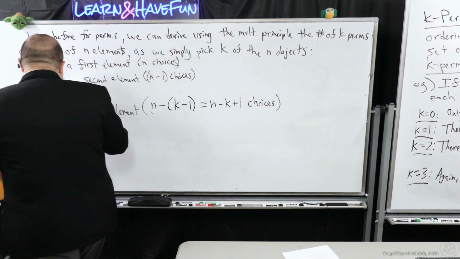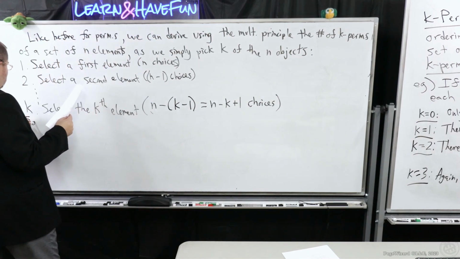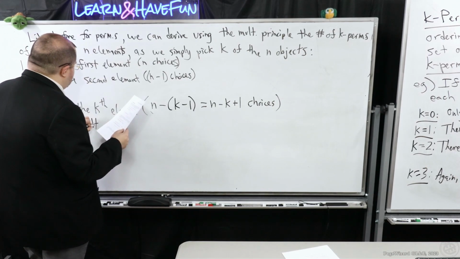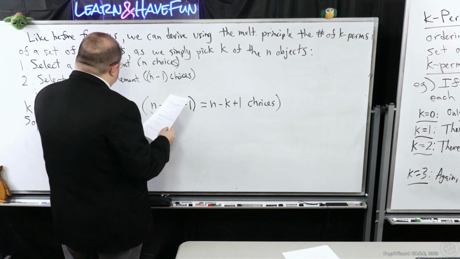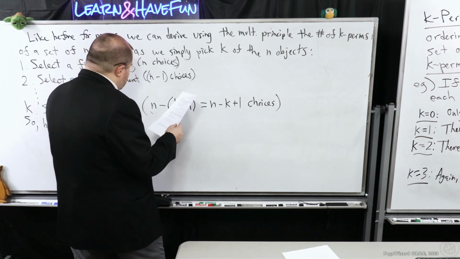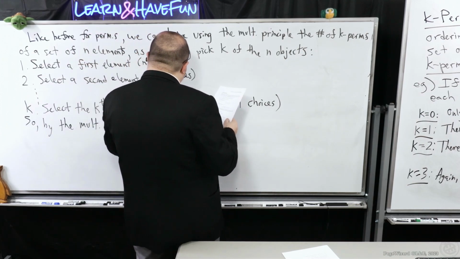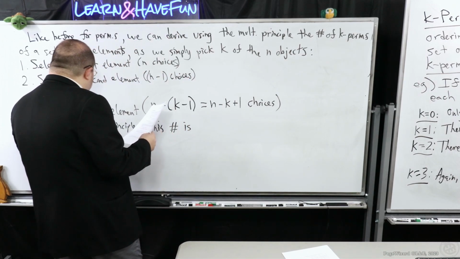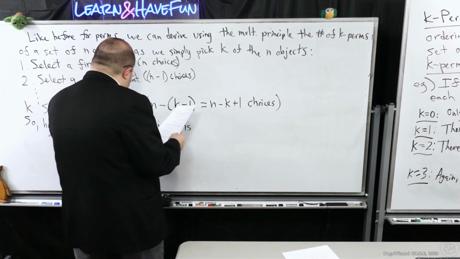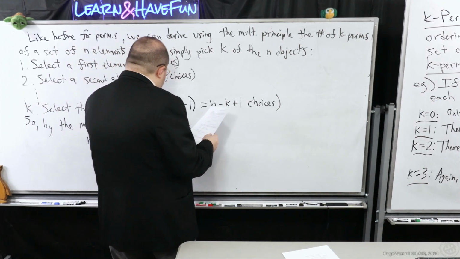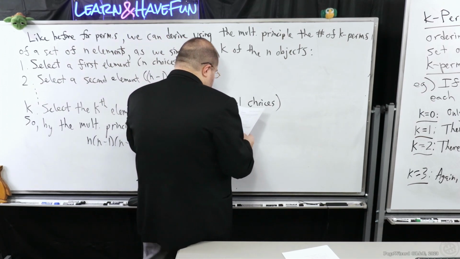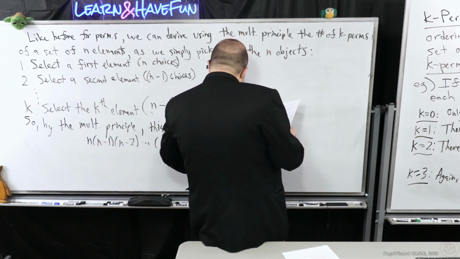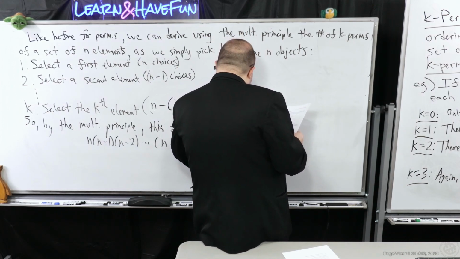So now we can use the multiplication principle. By the multiplication principle, this number is as follows. It's n times n minus 1 times n minus 2 times all the way to n minus k plus 1, which is equal to n factorial over n minus k factorial.